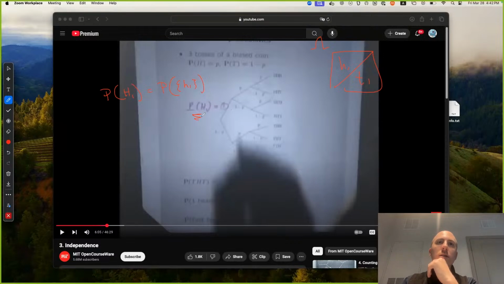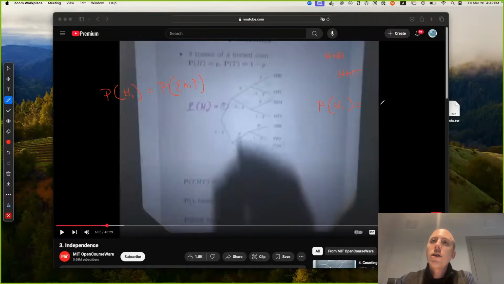Does this have its own sample space? No, I guess the only sample space that we're dealing with is this HHH, HHT thing, and this probability of H1 here.